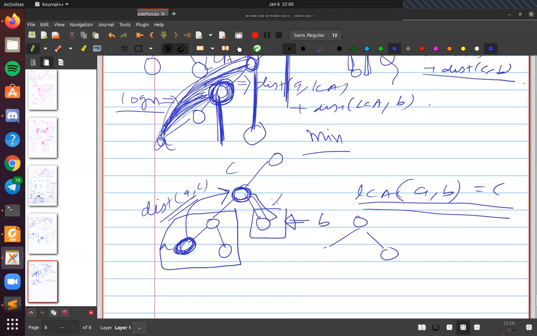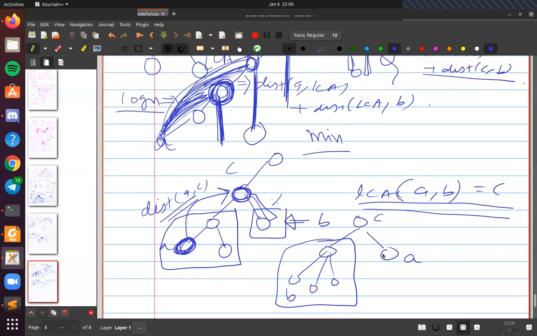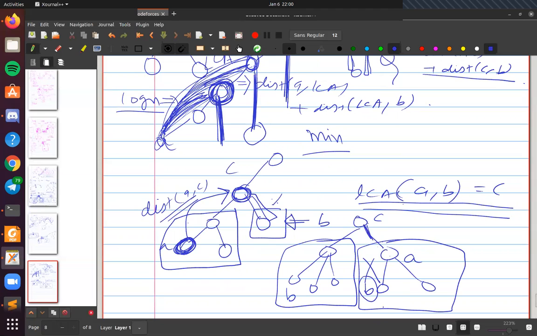So if I am here and this is C, then B must be present somewhere in this part. B can't be present somewhere in this part, because otherwise the LCA won't be C. But ensuring this could be a little tedious, and the solution which Kumar proposed was to just take the minimum from this node.